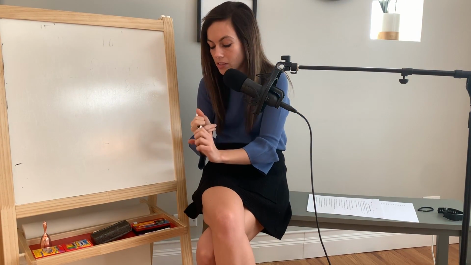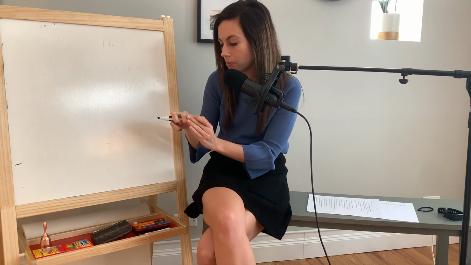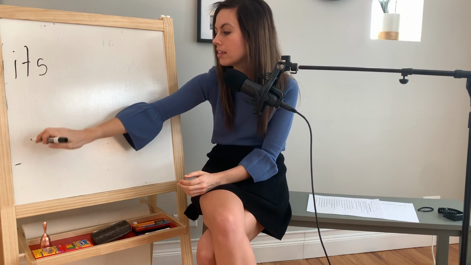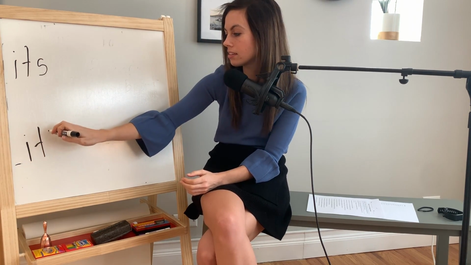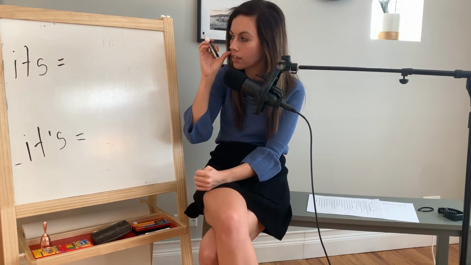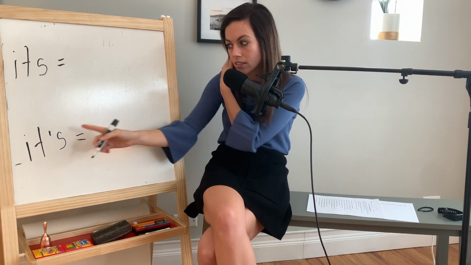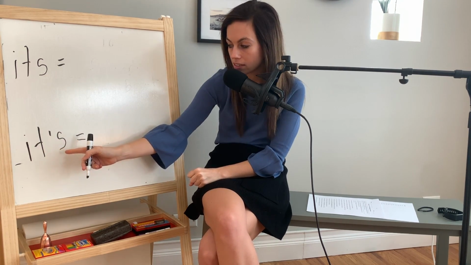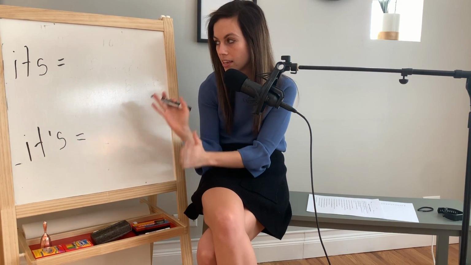Okay, and the last pair of homophones that we're going to talk about are its and it's. So this one I feel like most people get confused with because of this apostrophe S, because sometimes when you have apostrophe S it can show ownership, but in this case it doesn't.